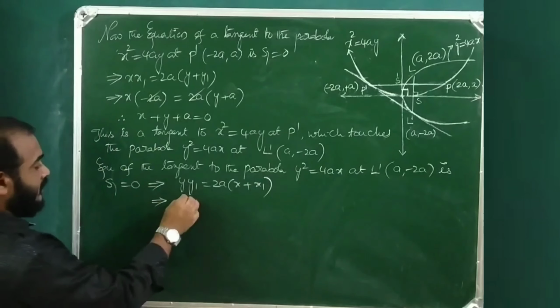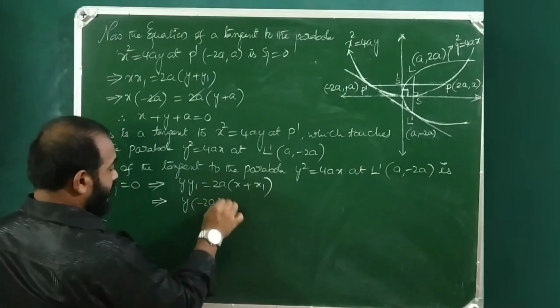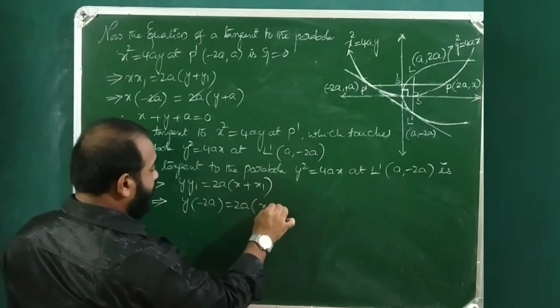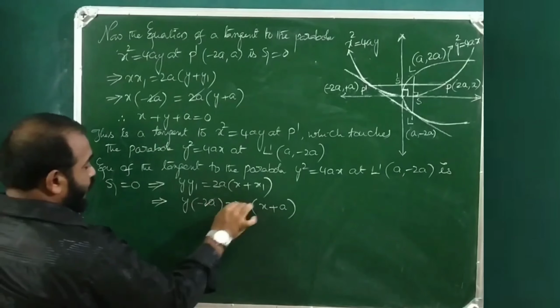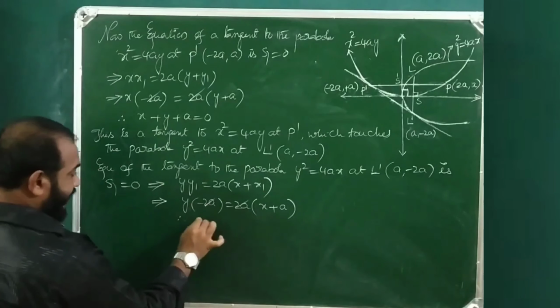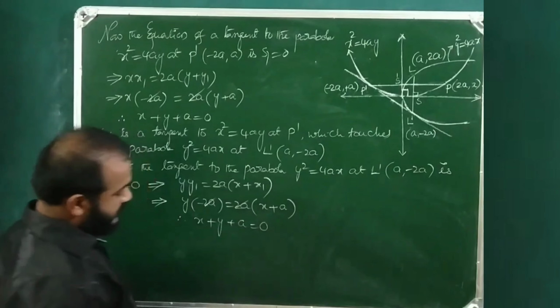This implies y into y1 is minus 2a is equals to 2a into x plus x1, x plus a. So 2a gets cancelled. Therefore, this is x plus y plus a equals to 0.